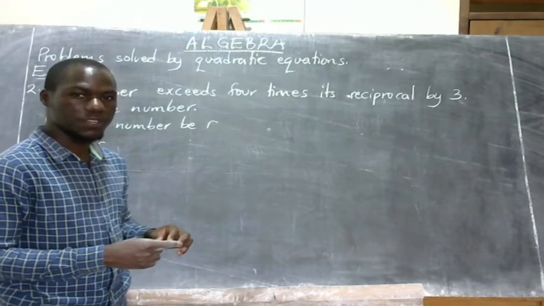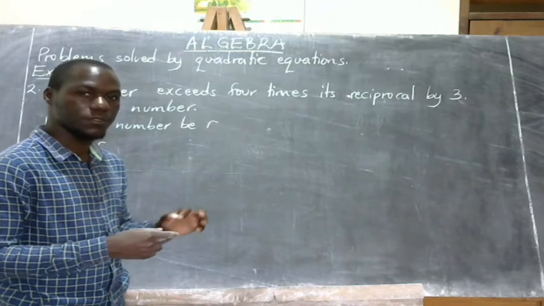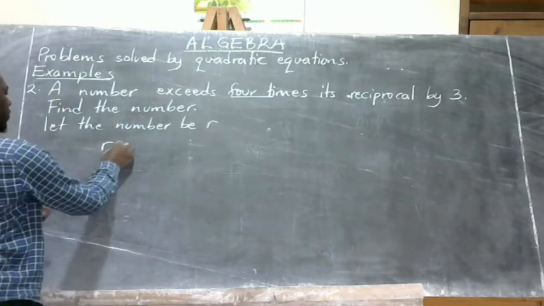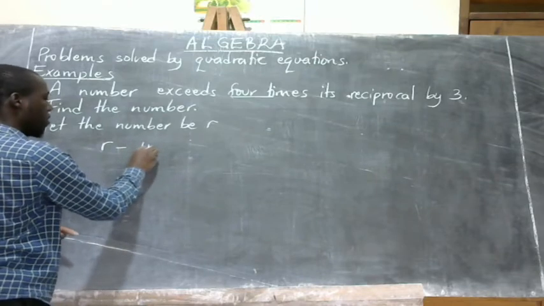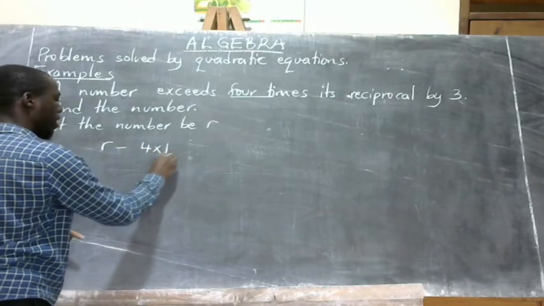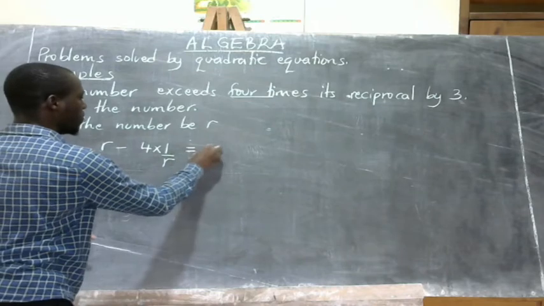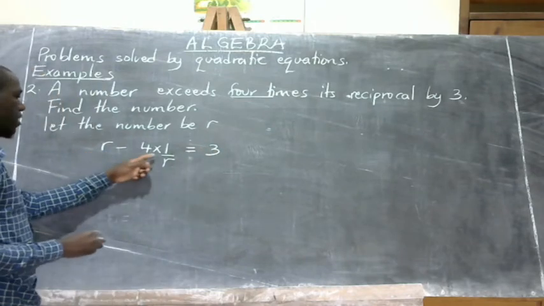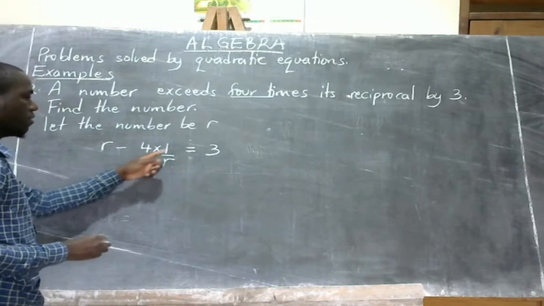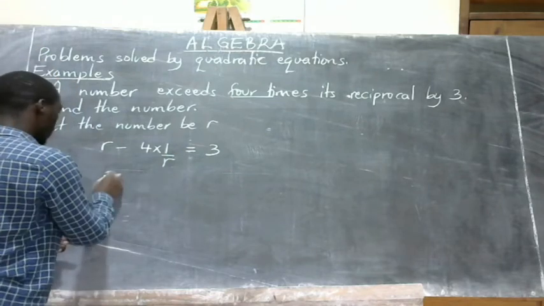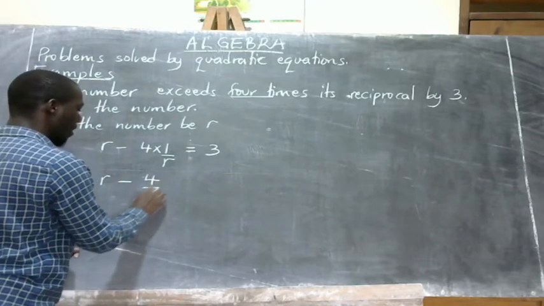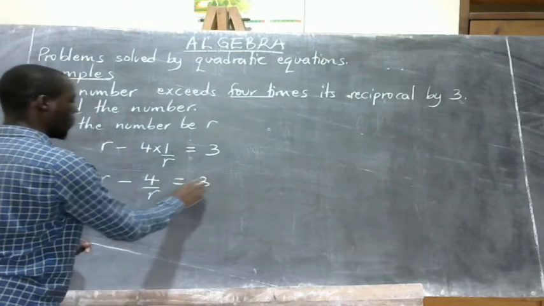Or when you subtract our ages, you should be able to get a 4. My r minus 4 times the reciprocal of r should give me a 3. That is, the number is bigger than 4 times the reciprocal by 3. Then this is r minus 4 all over r is equal to 3.